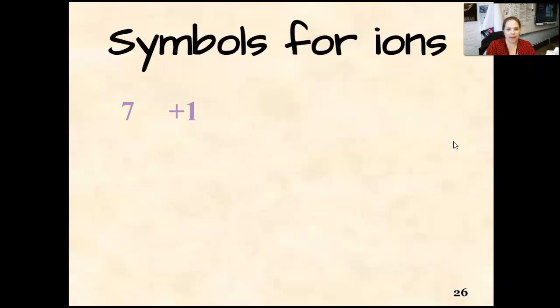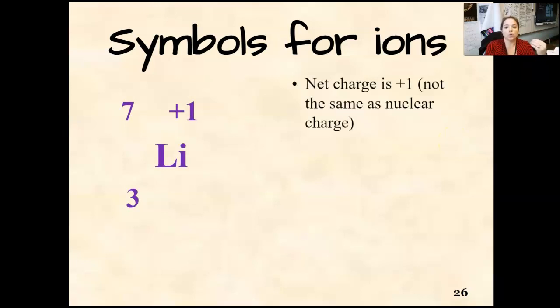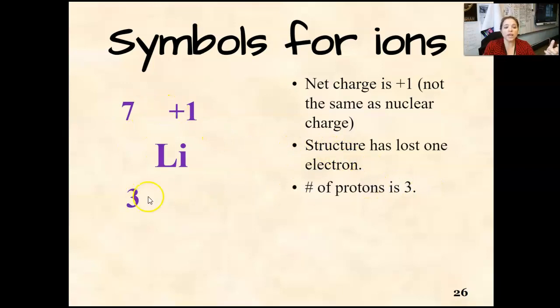Why is that? Let's look at lithium-7. The net charge here is a positive 1, which means it lost an electron. There are 3 protons. Neutrons: 7 minus 3, there are 4 neutrons.